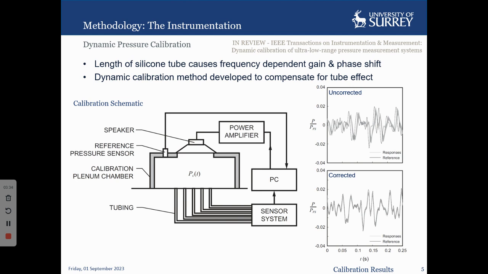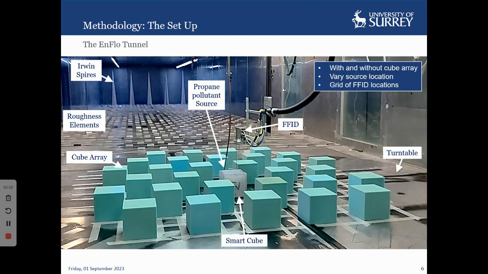On the right-hand side, you can see the effects of our correction. Each of them is calibrated individually to compensate for that tube effect. So that means we're able to measure instantaneous pressure simultaneously all over the cube.